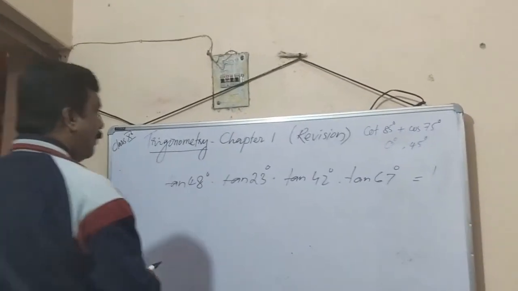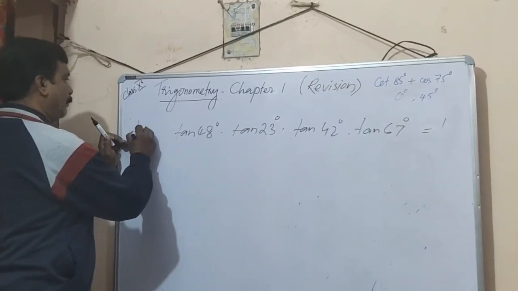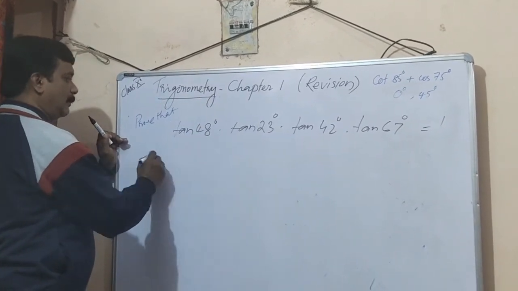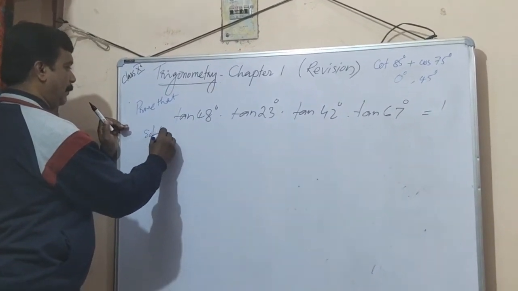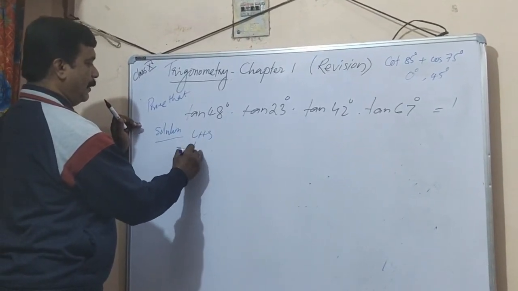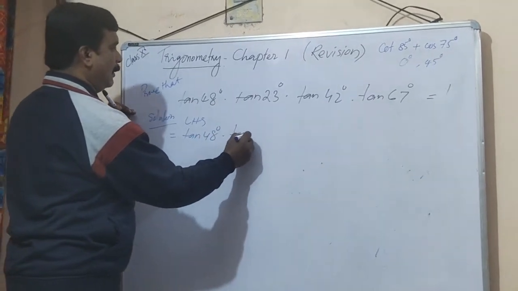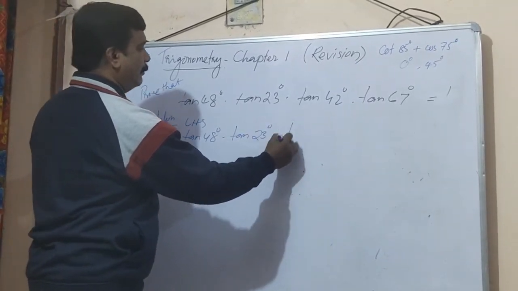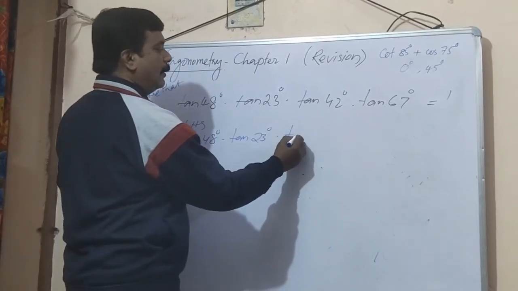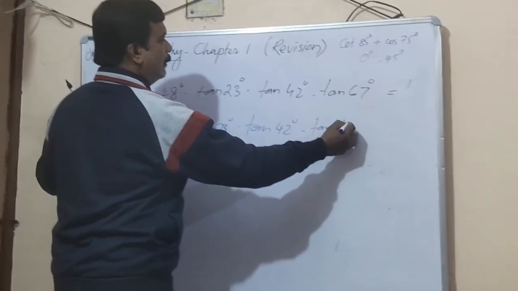Look at this question. How to prove it equal to 1? Now the solution. Let us start with the left hand side: tan 48 degree into tan 23 degree into tan 42 degree into tan 67 degree.